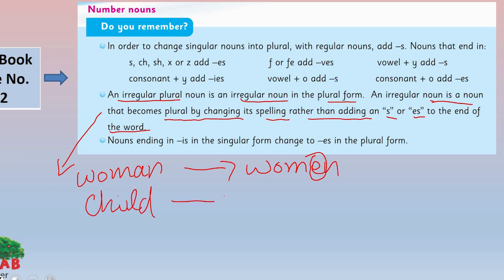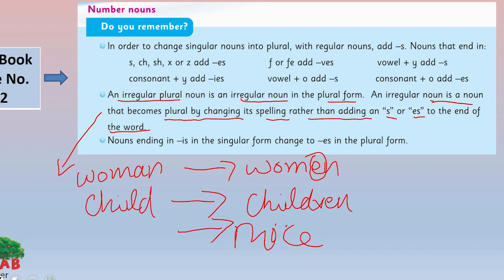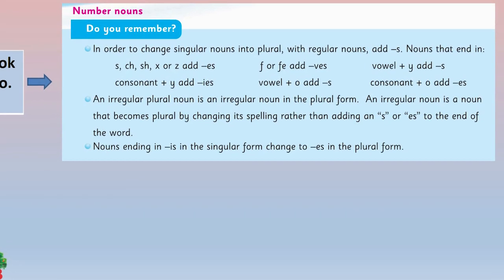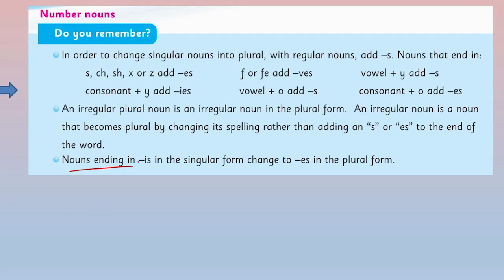Child is a singular form. Its plural will be children. Yes. Mice is a plural form and its singular will be mouse. Yes. Now look at the nouns ending in is in the singular form changed to es in the plural form.